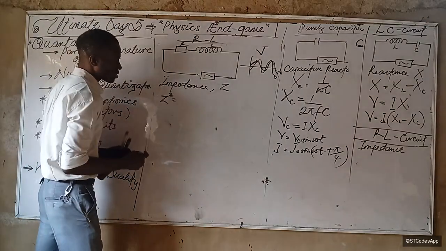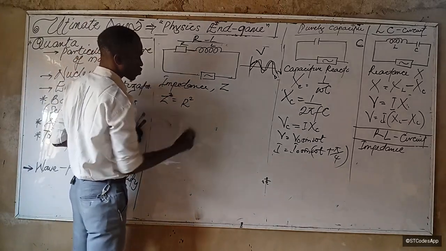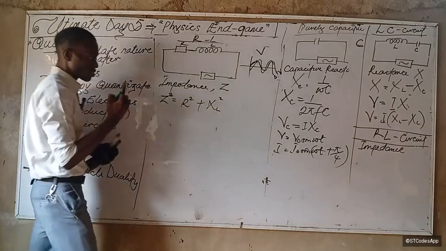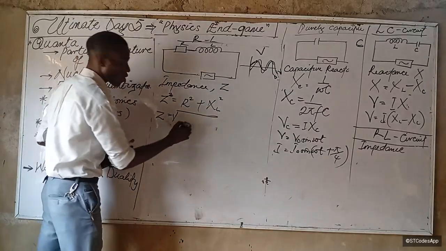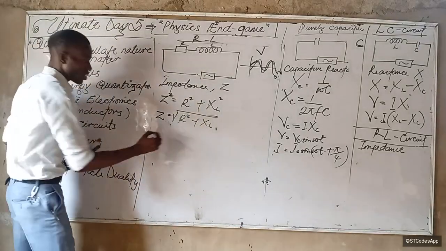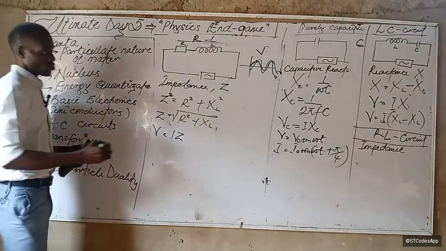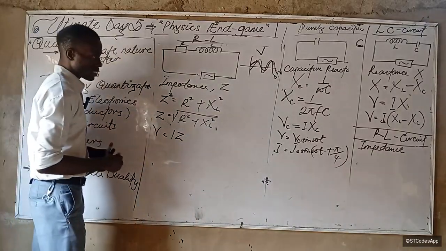Z squared is going to be the resistance squared plus X sub L squared. Does this make sense? So that Z will be equal to the square root of R squared plus X sub L squared. Is this clear? So the voltage here is going to be I times Z.